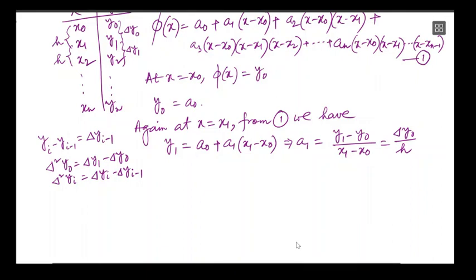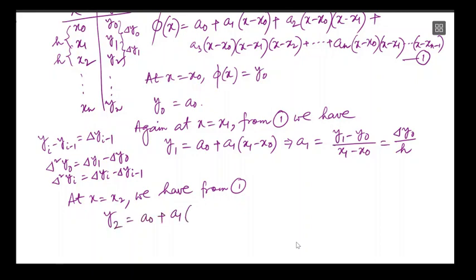Again, at x equals x2, we will have from equation 1: y2 equals a0 plus a1 times (x2 minus x0) plus a2 times (x2 minus x0) into (x2 minus x1), and all other terms will vanish because x minus x2 is a factor in all other terms.